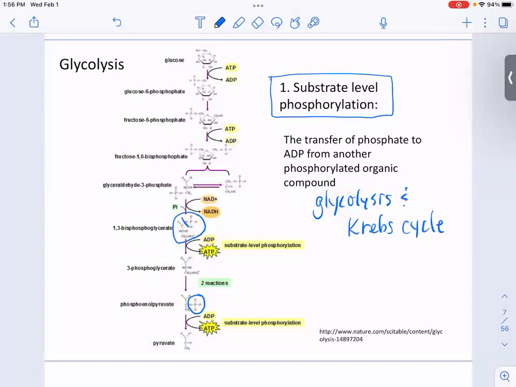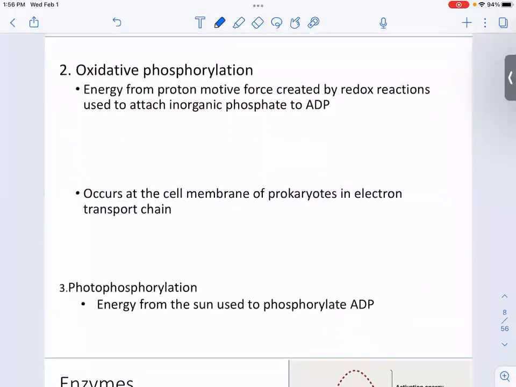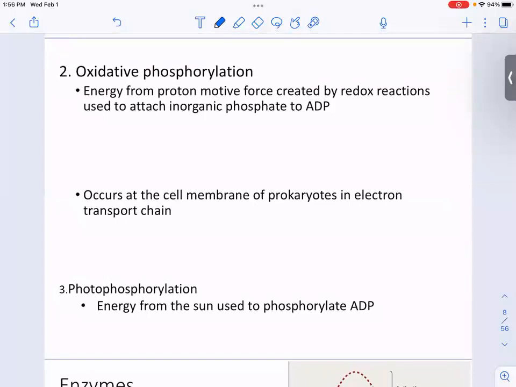The other way that ADP can be phosphorylated to ATP that we're going to talk more about, and this will make more sense later, is oxidative phosphorylation. Everybody sort of assumes that this must require oxygen. That actually is not the case. This is when NADH is oxidized back to NAD.